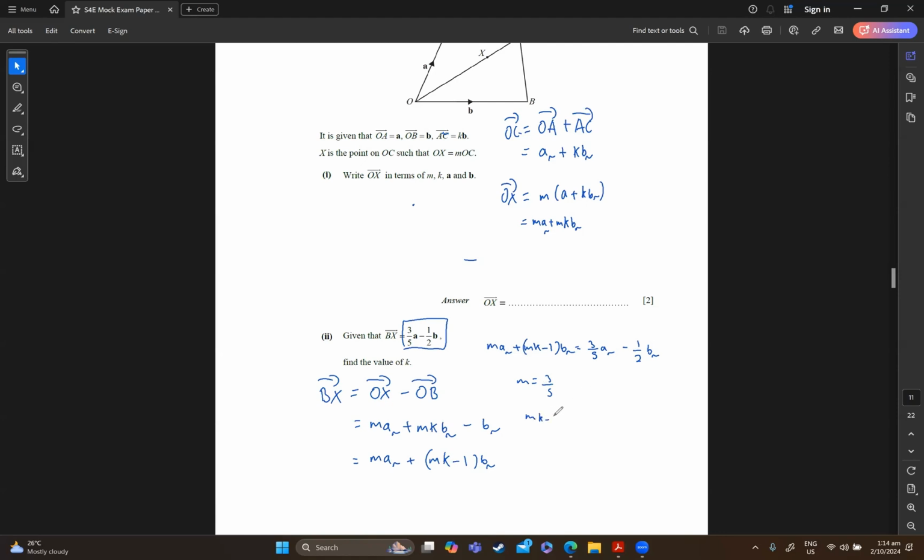MK minus 1 equals minus half. So replace the M with 3/5. So you have 3/5 K minus 1 equals minus half. So K equals half divided by 3/5. You should get 5/6.